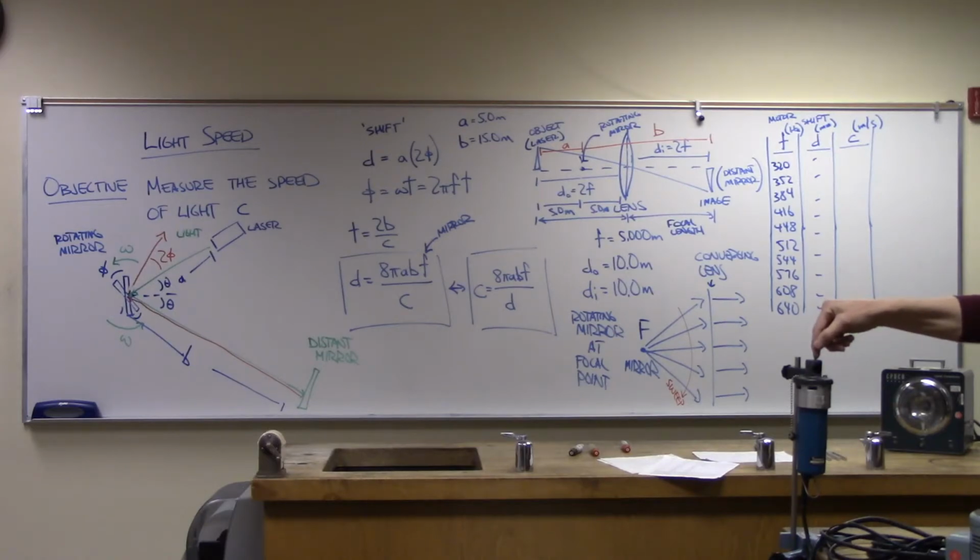If the frequency of this matches the strobe light, it looks like it's standing still. If the frequency here is 2 times the strobe light frequency, that also looks like it's standing still. And 3 and 4. Any integer multiple of the strobe light frequency creates the effect where it looks like that rotating mirror is just standing still. So it takes an afternoon to do this.